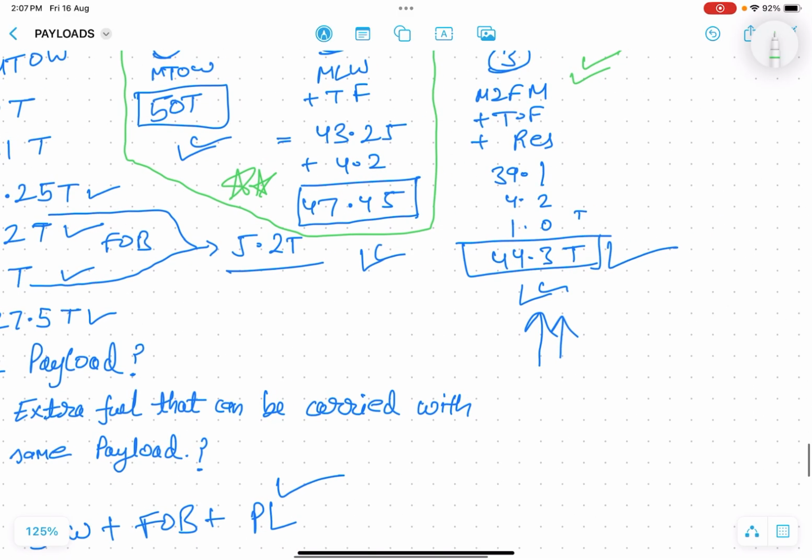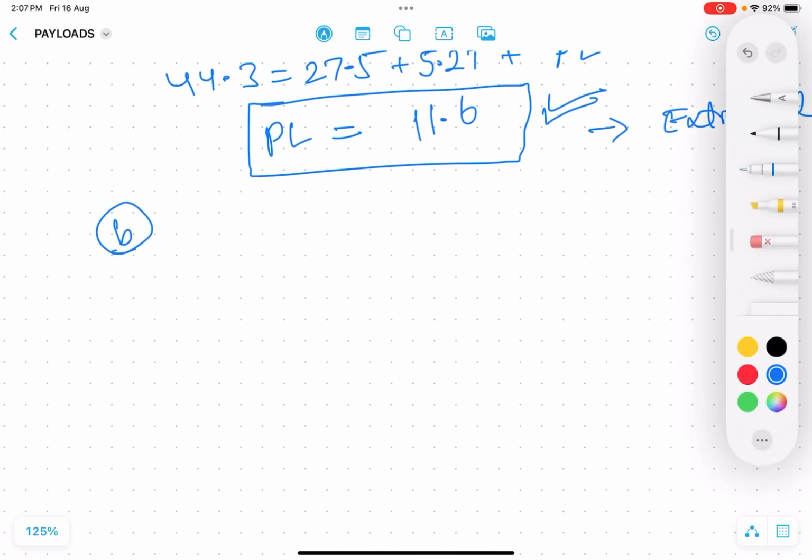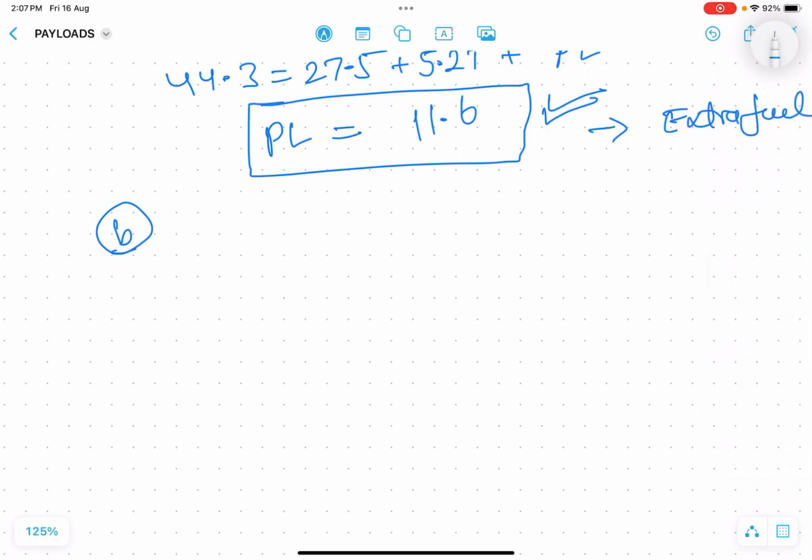So now we have this as our minimum, and we will calculate extra fuel with this 47.45 takeoff weight. So now again the basic equation, takeoff weight is equal to dry operating weight plus payload plus fuel on board.